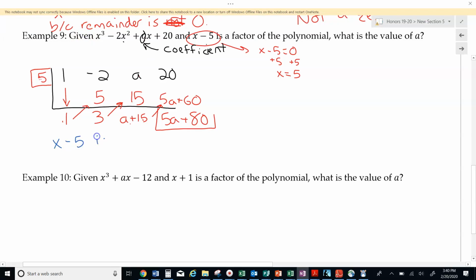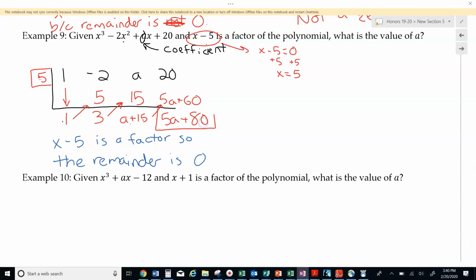Okay. Now, x minus 5 is a factor. So, the remainder is 0. Well, this is my remainder. So you're telling me this is 0. Yes, that's exactly what I was saying. Right, now we have a very simple, easy equation that we're solving.